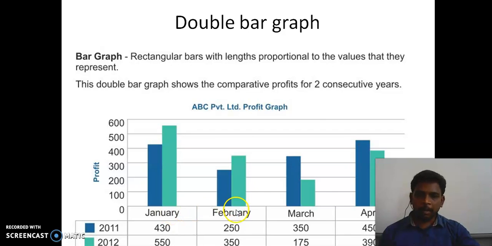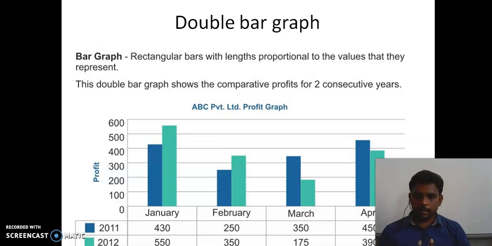In a similar way, in February also 2012 has more profit, and in March 2011 got more profit compared with 2012. Similarly in April also, the maximum corresponds to 2011. So 2011 has maximum profit over 2012. So the graph gives us this information, right?